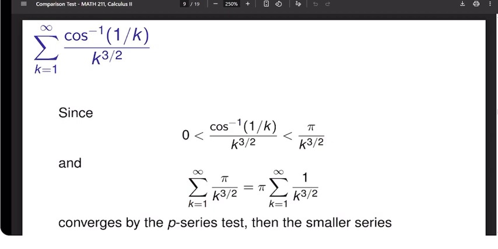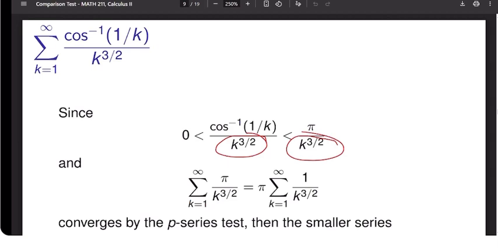If I have cos inverse of 1 over k divided by k raised to power 3 over 2, obviously, in my new function, I'm going to have that as a denominator. But I have to look for a numerator where the whole of this is going to be less than that.